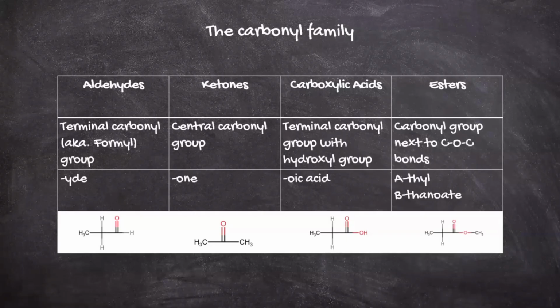Esters are a bit of an oddball because they're made up of a carboxylic acid and an alcohol. So when we are looking to identify an ester, what you are looking for is the bond complex that's highlighted in red in this column. This double bond to an oxygen, and then an oxygen bridge to another carbon backbone.